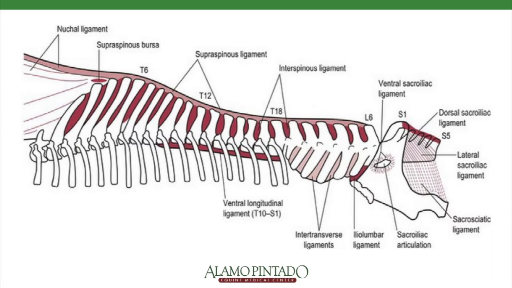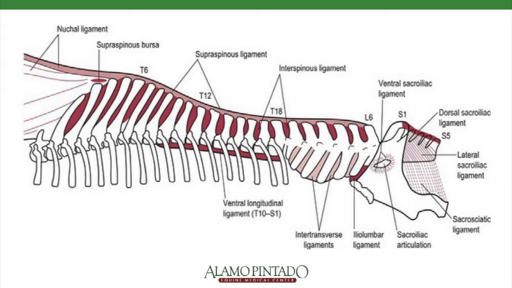Okay, so as far as the main areas that we're concerned about in the horse, it is the thoracolumbar spine. So basically the area of the chest and then the abdominal area of the vertebrae. When looking at the anatomy here, you can see the dark pink areas in between each of those dorsal spinous processes, and those are what we call the interspinous ligament.